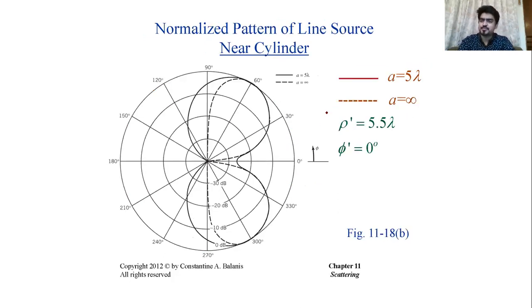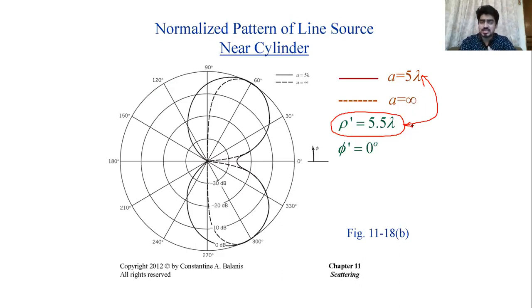Similarly, instead of that 0.25 lambda distance, let's say you move your line source to 5.5 lambda. The difference between the line source and the surface of your cylindrical structure is then 0.5 lambda.